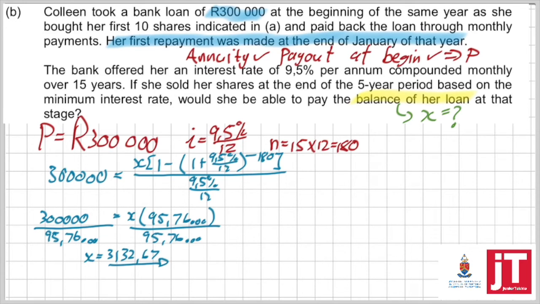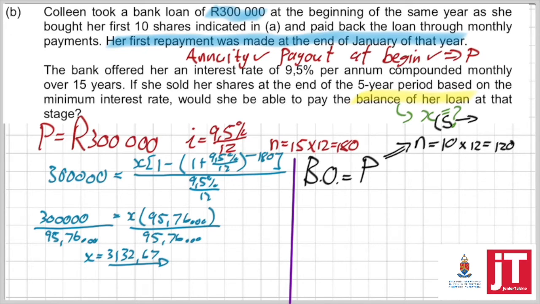So that is how much she repays every month. Why do I need that? Because the balance outstanding, I'm going to use the p-value, because I know that there's 120 exact payments that's missing.